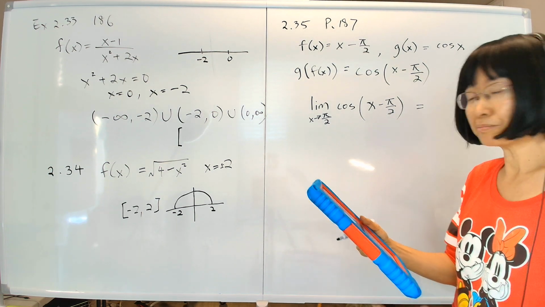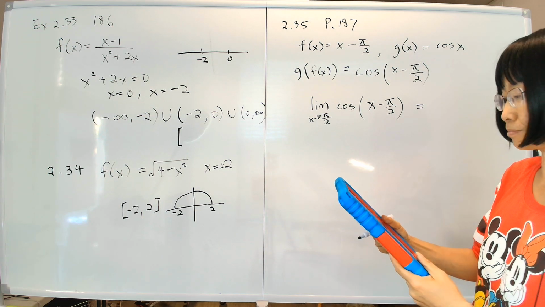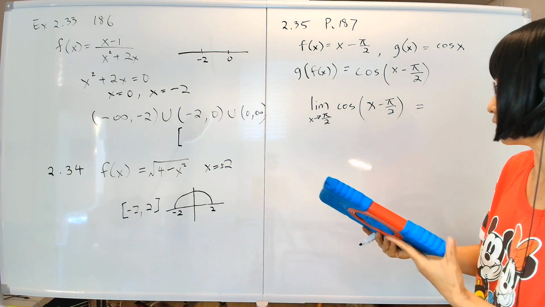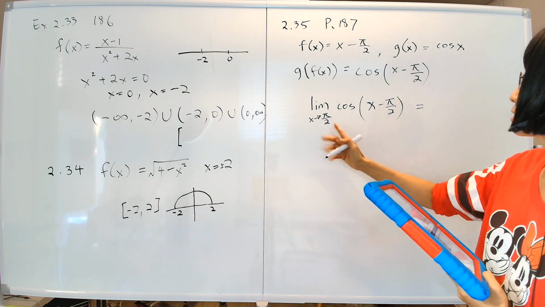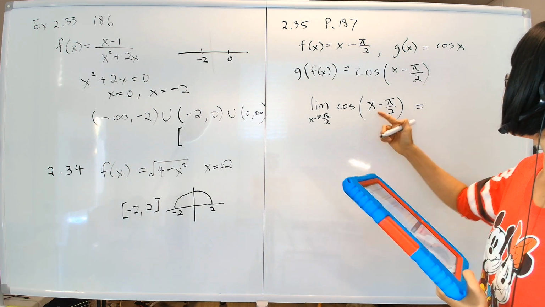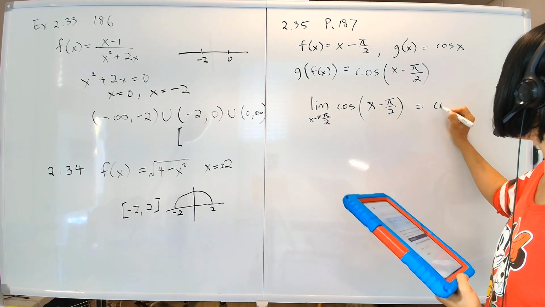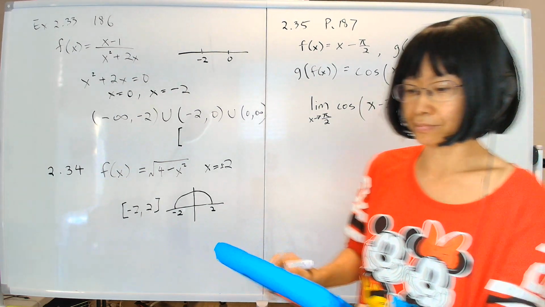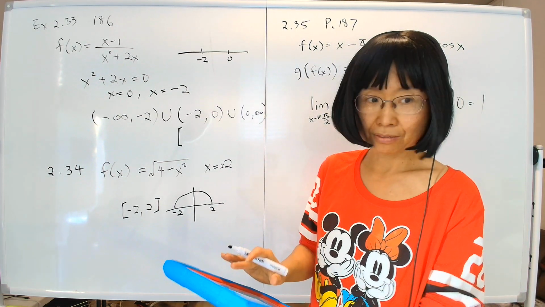That's what theorem 2.9, the composite function theorem, is about. It's just stating something that's intuitively what you would have done anyway. So that would be equal to cosine of 0, which is 1. Okay, now next, moving along.